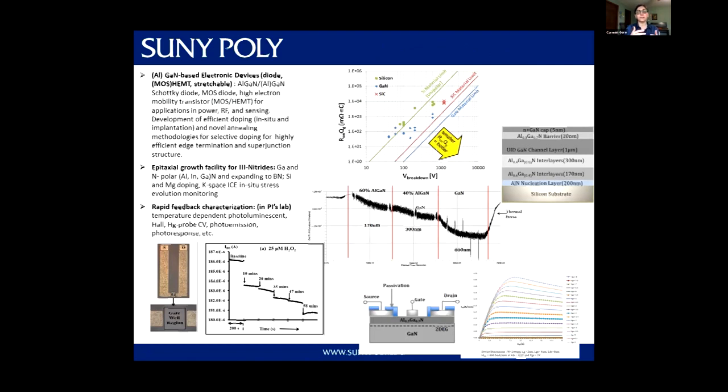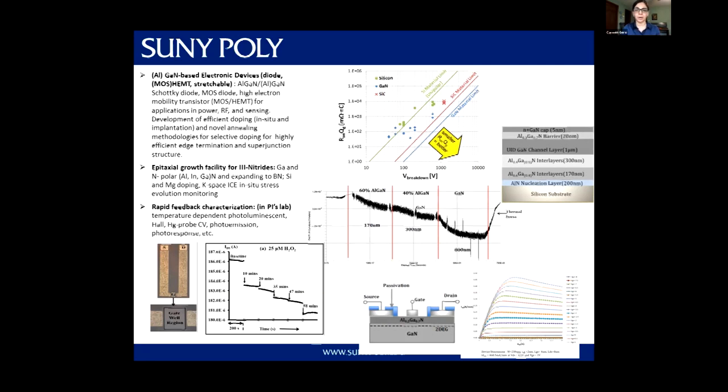We basically go all the way from designing the type of device that we want to create based on the functionality that the material provides to us, to the growth and deposition of the material using a method called metal organic chemical vapor deposition, or MOCVD for short, to on-wafer characterization, to device fabrication and device measurement.